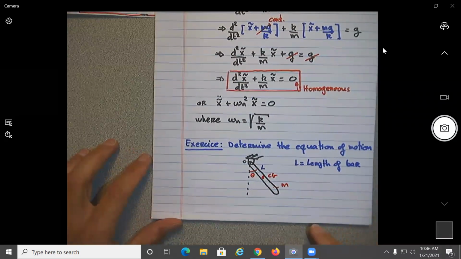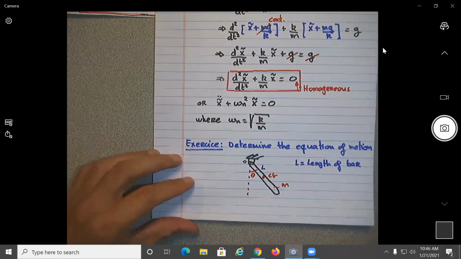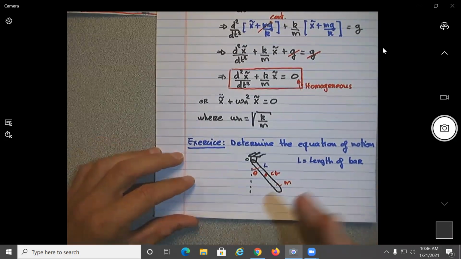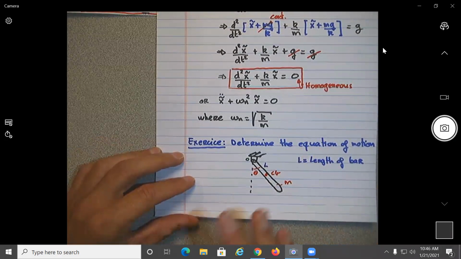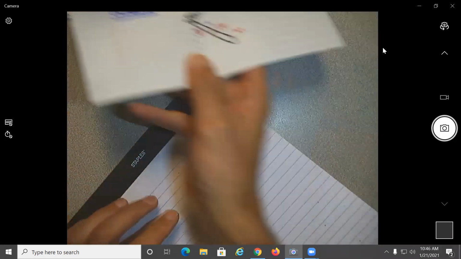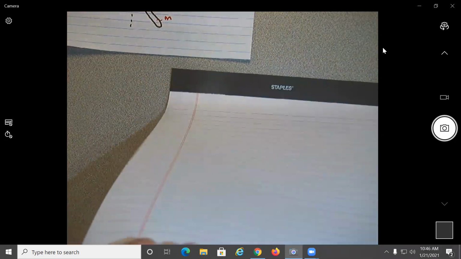Okay, so let's derive the equation of motion. In order to derive the equation of motion, again, we need to follow the 2 steps. First step, do a free body diagram, and then write down the appropriate second law and write down the equation. All right, so step 1, to do the figure.